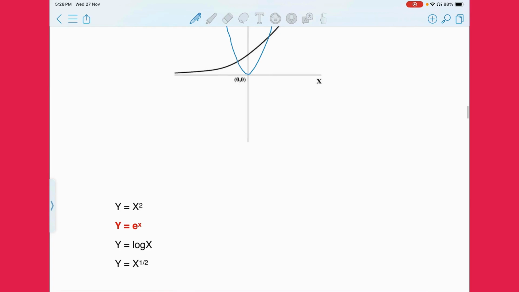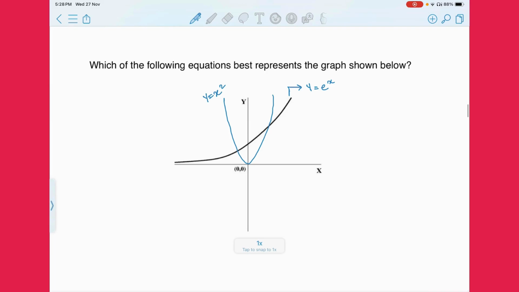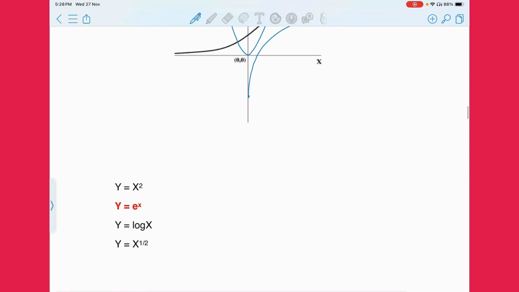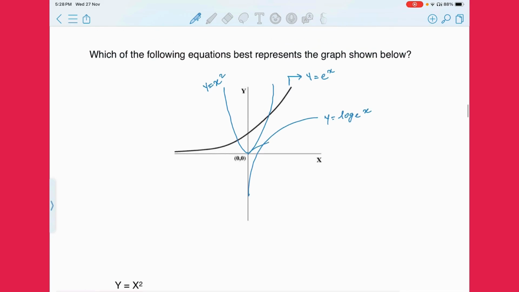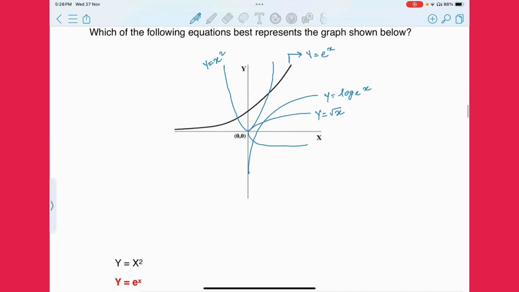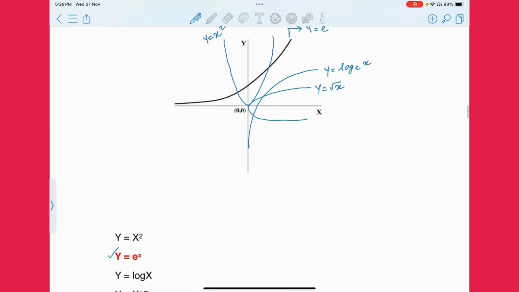For y is equal to log x, considering the base to be e, the graph will look like this. For y is equal to log e to the power x, and for log root x, it will be somewhere like this. So the correct option is option number B, y is equal to e to the power x.